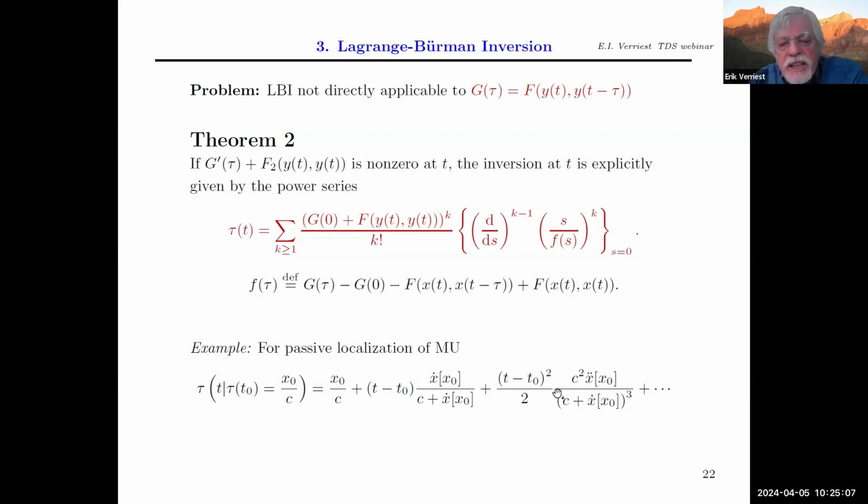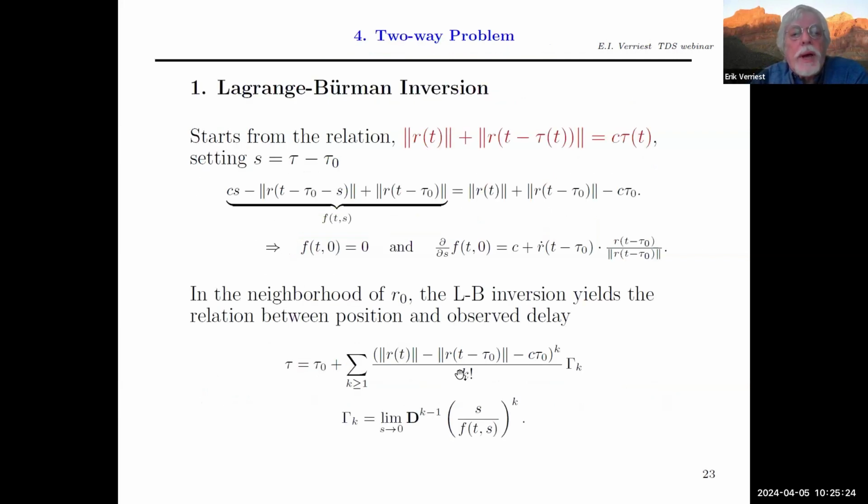Now, the x dot and x double dot at x0 means that this is x dot at time t such that x of t is equal to x0. So that's again the same Lagrange-Bürmann inversion, now for the two-way docking problem.